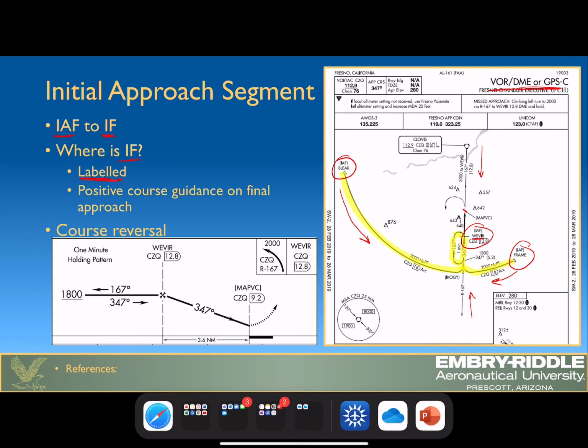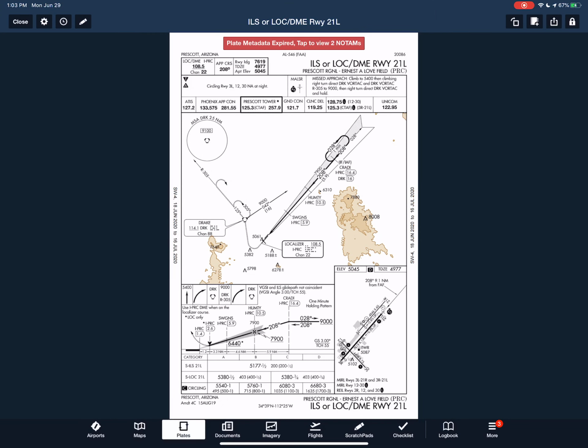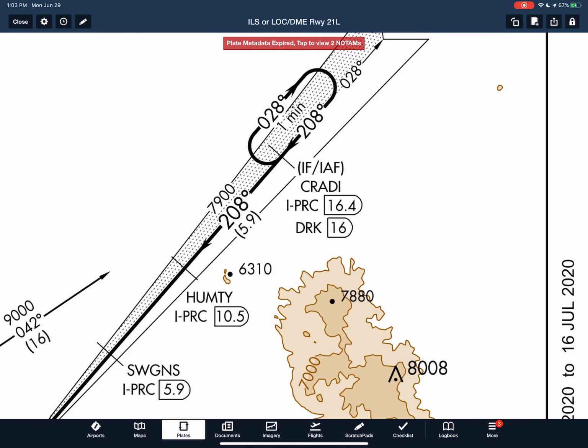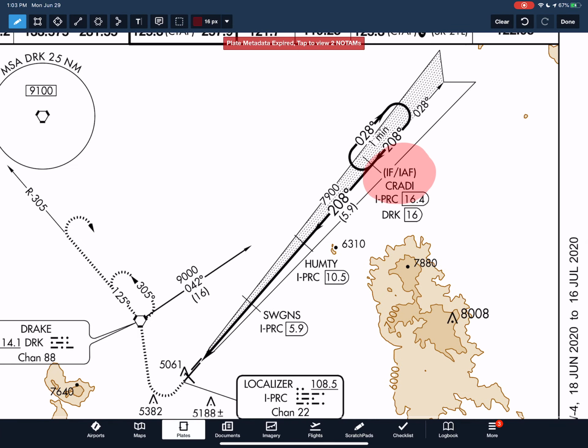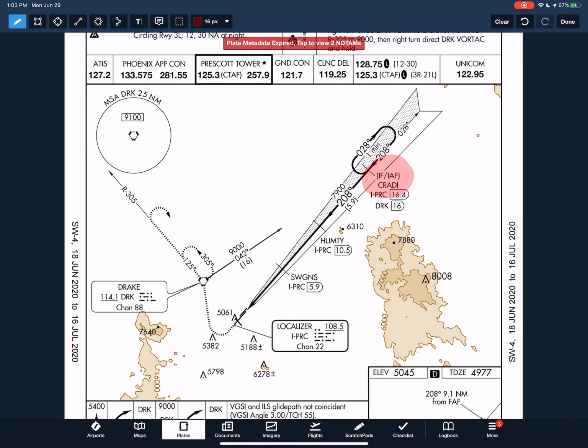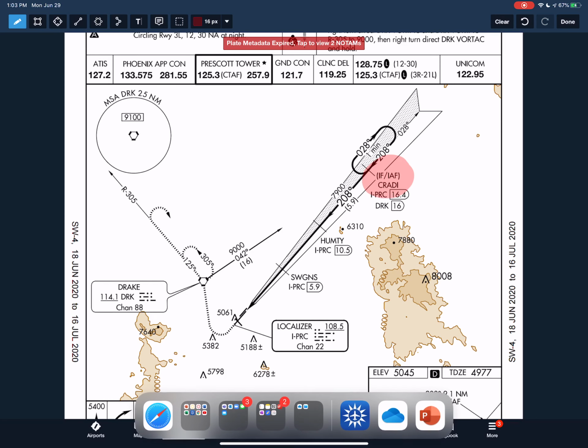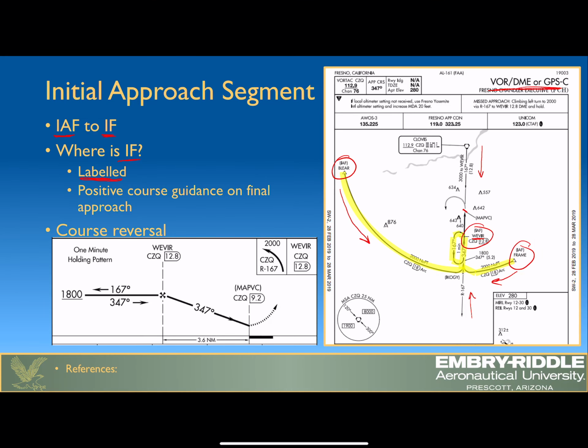Let me see if I can pull up an example real quick. Here we're looking at the ILS or localizer DME for runway 21 left, and you can see here that the initial approach fix and the intermediate fix share the same fix. It just depends on which direction you come from. That's why they share the same point. Because a lot of times, going back to our PowerPoint here, the initial approach fix will be used for course reversal, depending on the direction you come from.